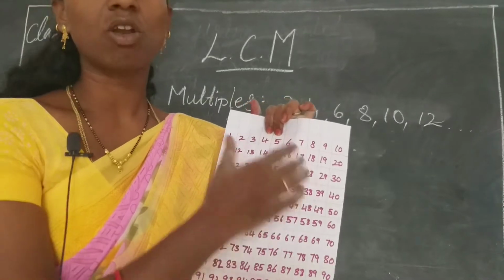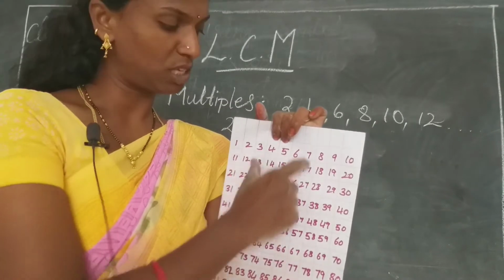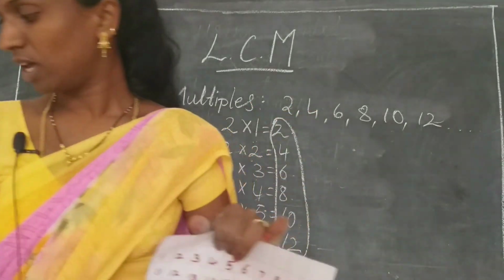What are these? These are all the multiples of 3. When we multiply 3 with 1, 2, 3 and so on, we get these. So these are the multiples of 3.